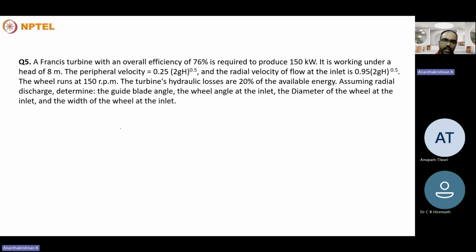As in the previous problem, even though this is a reaction turbine, we follow the same approach as that of the Pelton turbine or the impulse turbine. We have to draw the velocity triangle and determine which parameters are available and which parameters need to be calculated to solve the problem.